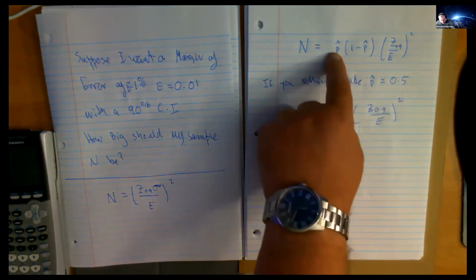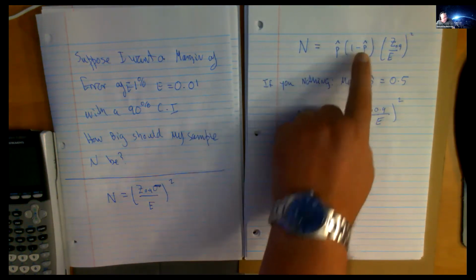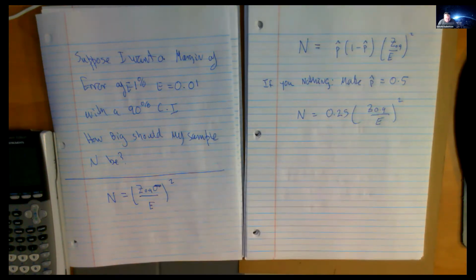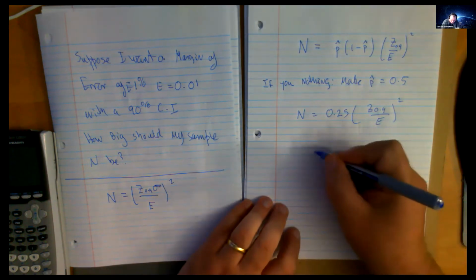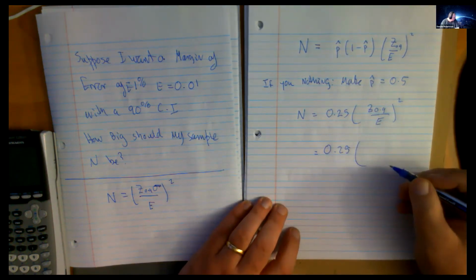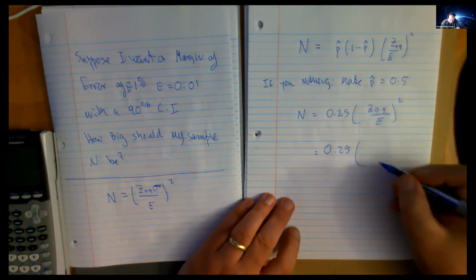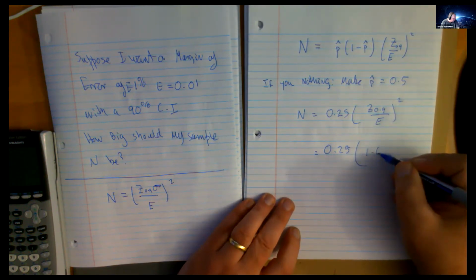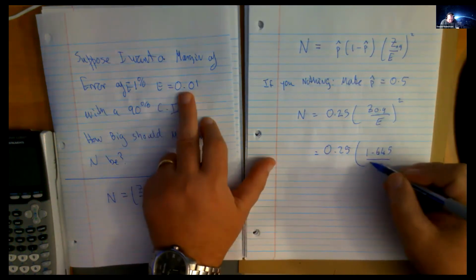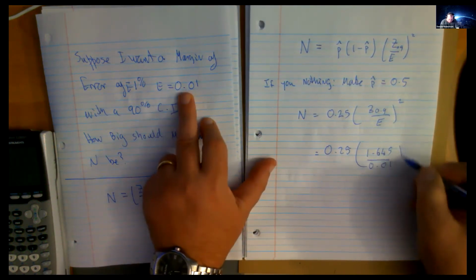And if you make this guy 0.5 and you make this guy 0.5, do you see where this is coming from? 0.5 times 0.5 is 0.25. Well, let's do that one. So 0.25, and the magic number for 90% is 1.645. The margin of error that I had in this question over here is that guy squared.